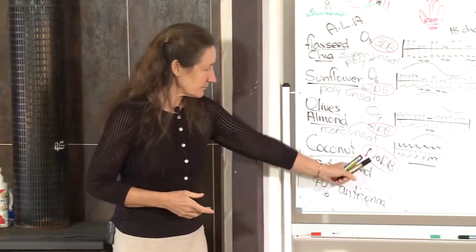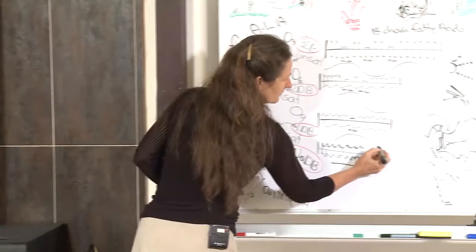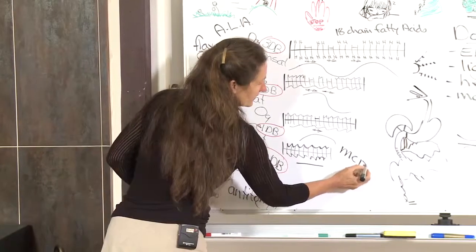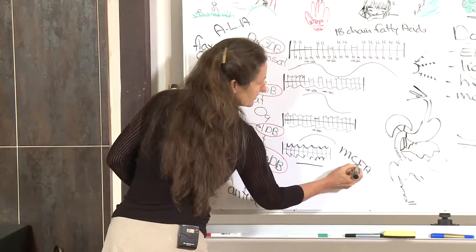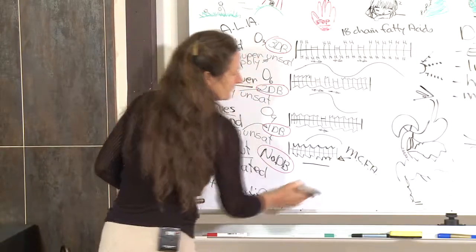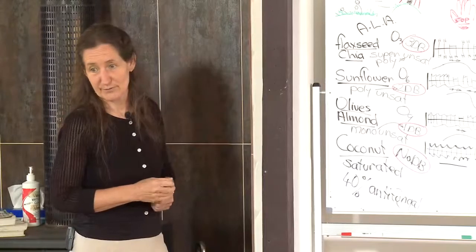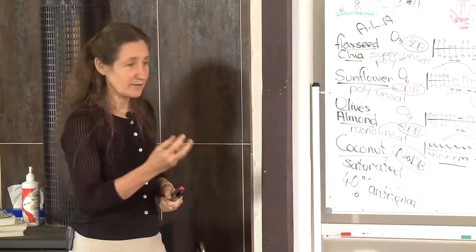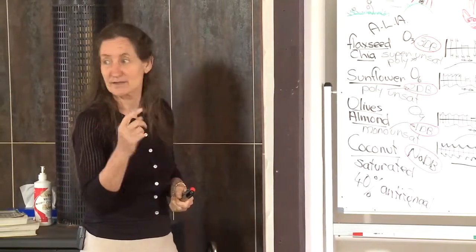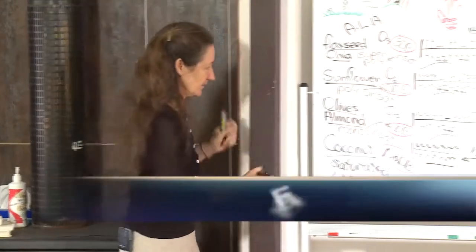Coconut is very high in medium chain fatty acids. You might have seen that. There's your medium chain fatty acid. There's only one other food that's just as high, and that's breast milk. So coconut milk is very similar to breast milk, and there's another reason why it is so.